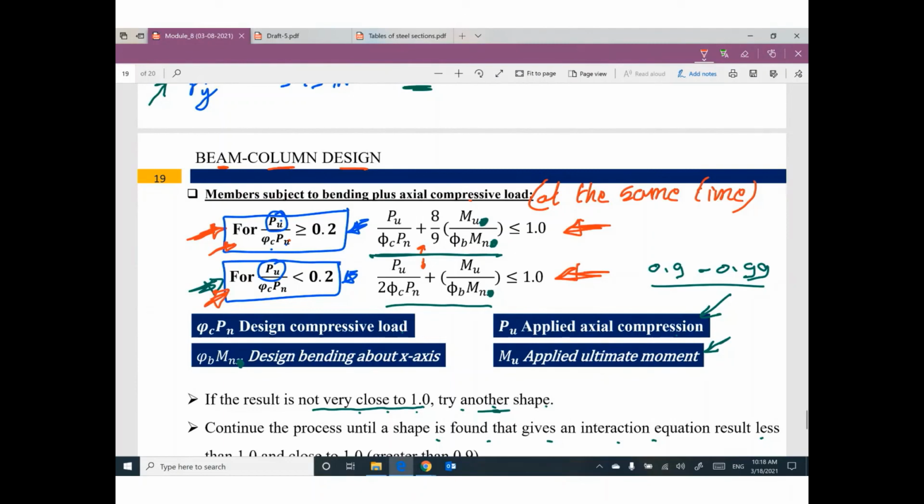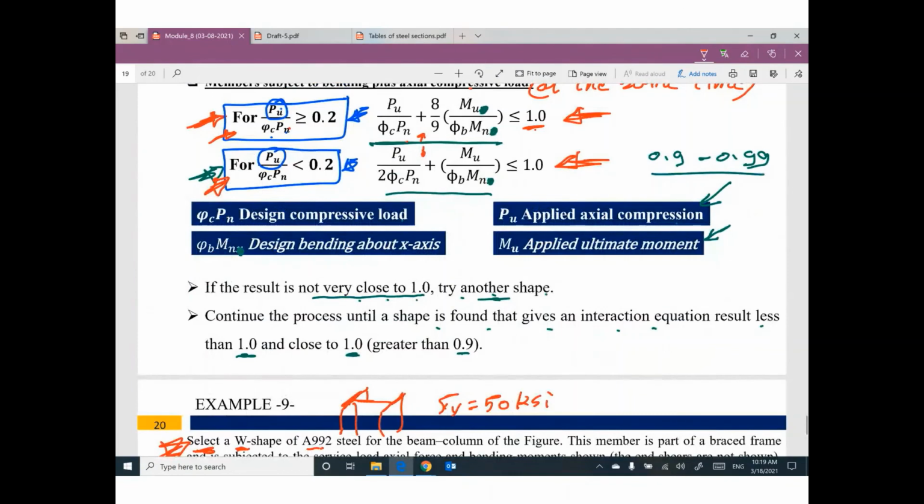If you are designing based on the interaction equation, be careful. We need your left-hand side to be smaller than 1 to be safe, and very close to 1 to be economical. Can you see? Continue the process. What do I mean by continue?